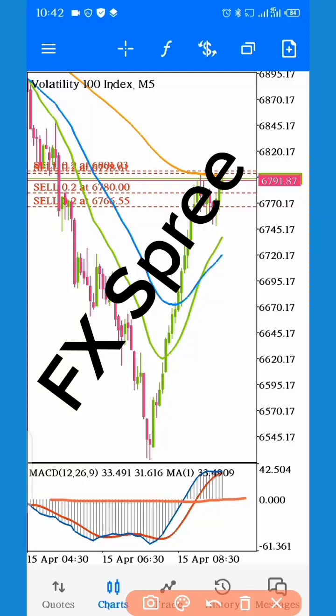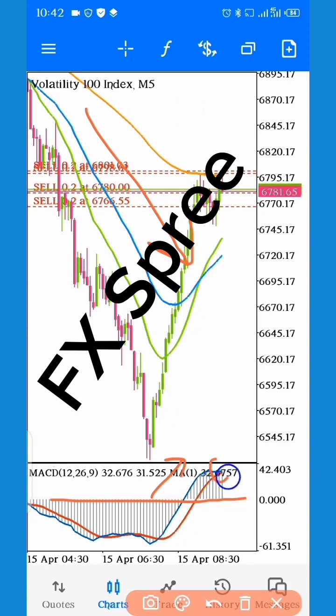Whenever you have the movement down like this, and you check the MACD, and the MACD crosses the zero line up like this, the MACD is above the zero line, and you have the MACD coming close like this, and the blue line in this particular case crosses down the red line.